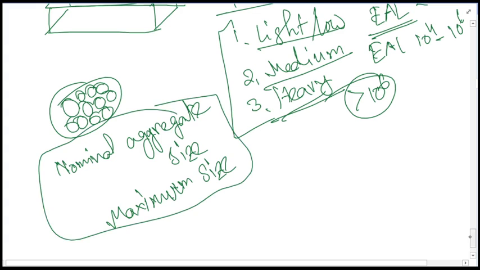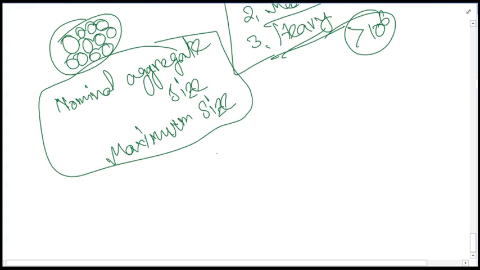If you have a gradation of this particular aggregate, we have to conduct the sieve analysis first with the standard sieves, and after conducting the sieve analysis you will get the percent retained values. You can write those in a table, as we know by this time how to complete sieve analysis tables. So let's give an example.